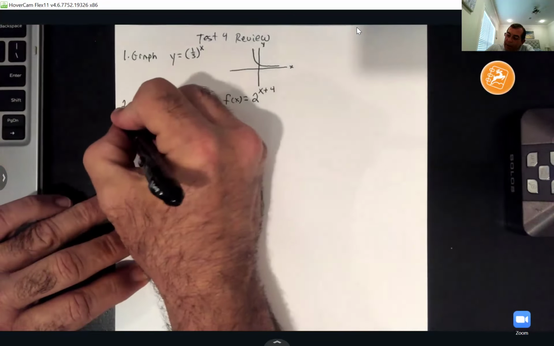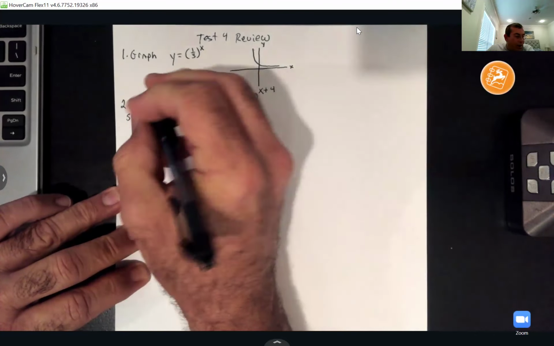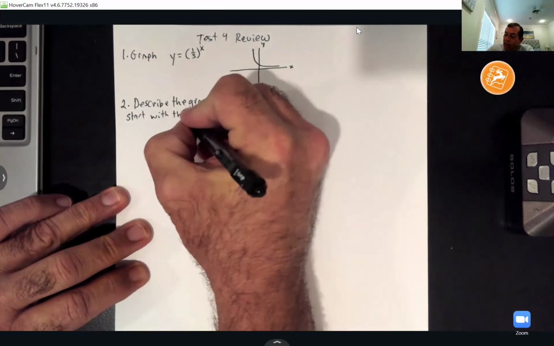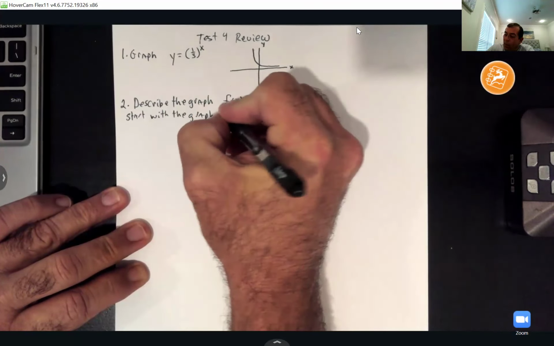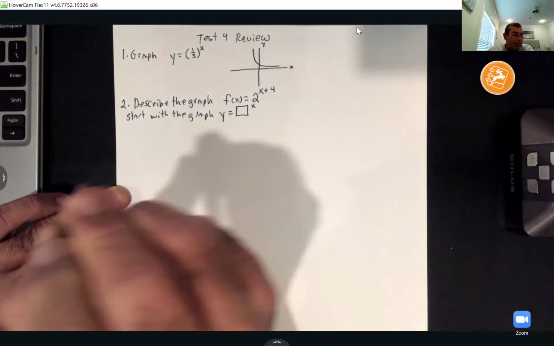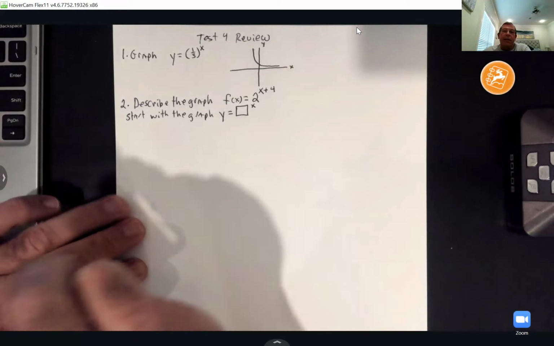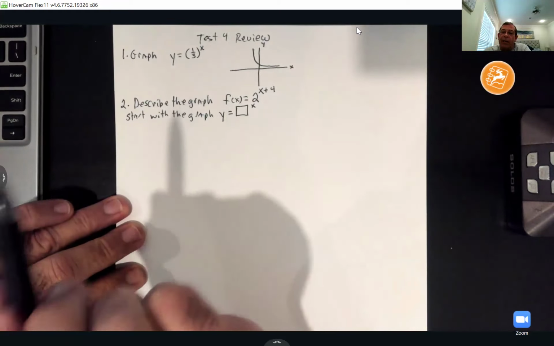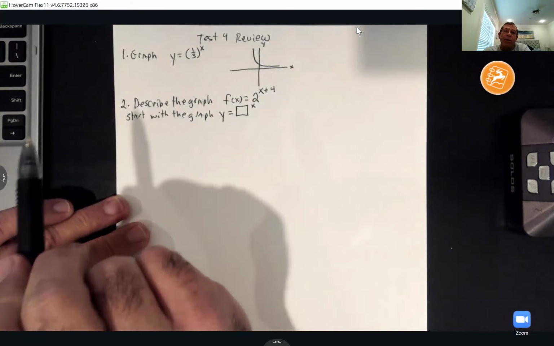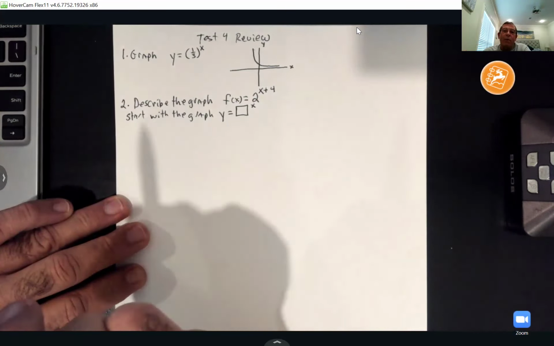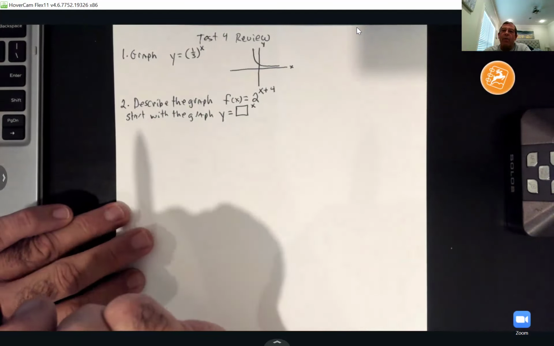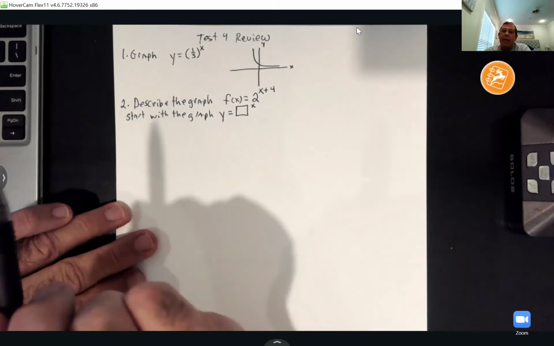So they say start with the graph y equals blank to the x. And then you'll have 4 answers, A, B, C, D. They'll say shift the graph 4 units to the left, shift the graph 4 units to the right, shift the graph 4 units up, or shift the graph 4 units down.